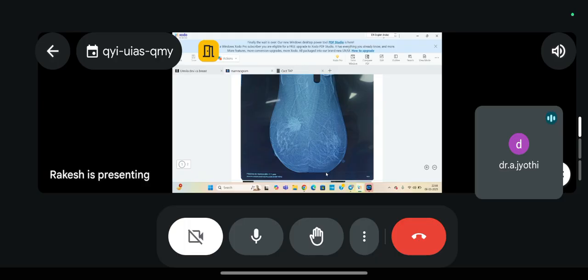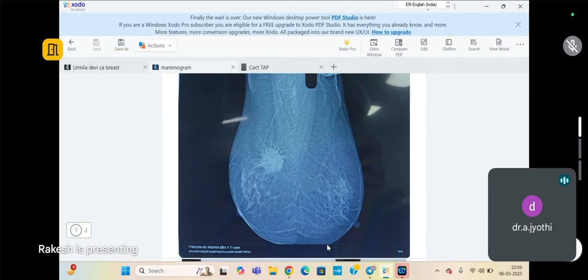If you have done an MRI before, then you compare it with MRI. If it was an occult axillary patient, an N3 patient, where we did MRI of the axilla before sending for NACT, then response assessment also we will do with MRI only. Whatever investigation you have done before, compare it with the same, pre-NACT.